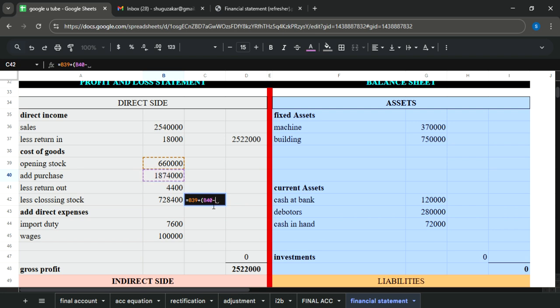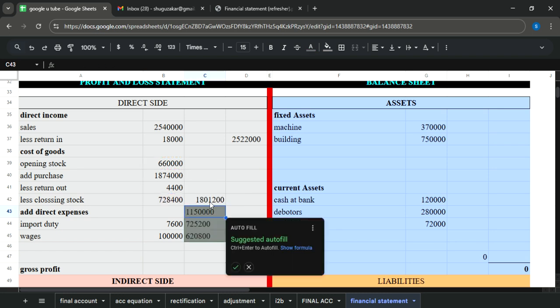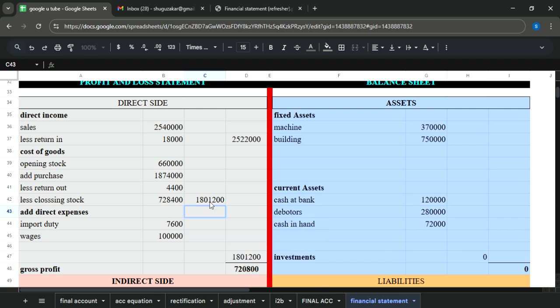You need to subtract returns, 4400 bracket close, and then closing stock 7,28,400. So cost of goods sold is calculated, after which we have two direct expenses you are going to calculate.